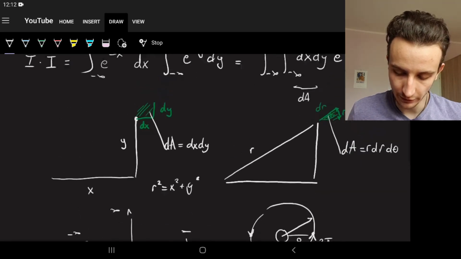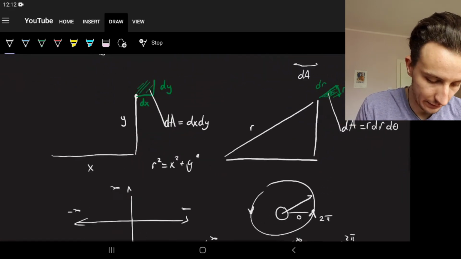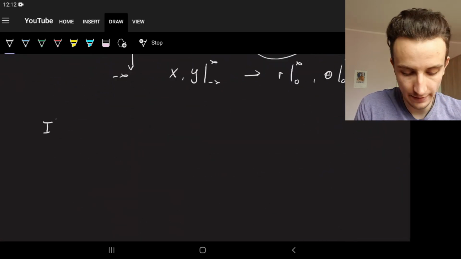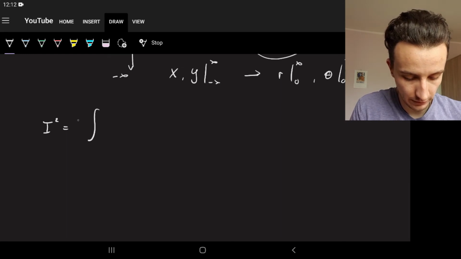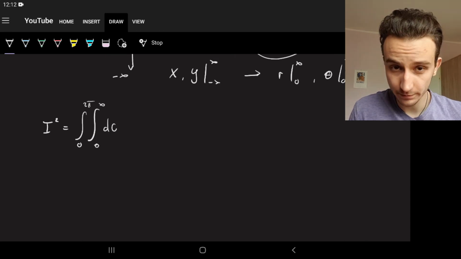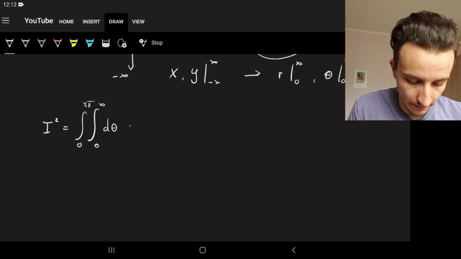So now let's just rewrite this integral. Yeah, it's I squared, right? So it's I squared is the two integrals, 0 to 2 pi and 0 to infinity. We have d theta first, and we can integrate that immediately. And then we have r, well, let's put dr times r e to the minus r squared.